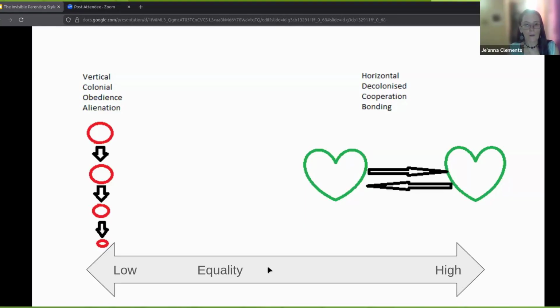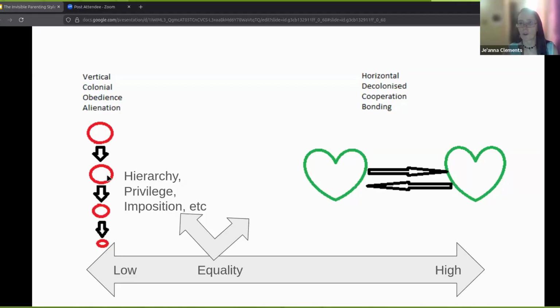So when we look at putting this slider onto that other model, we get something quite interesting happening, because on this side, low equality translates into hierarchy and privilege and imposition. You can impose on people if you're at the top, no problem.